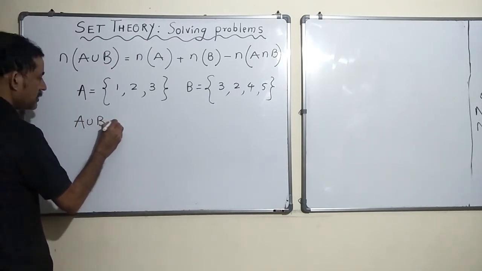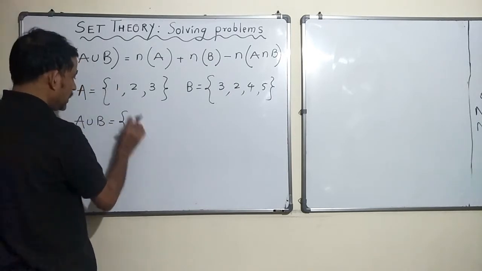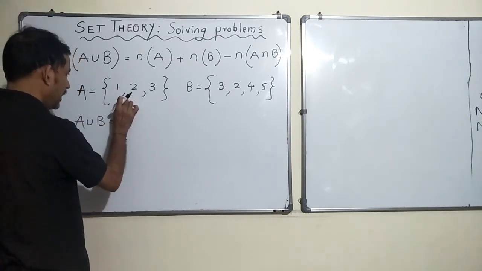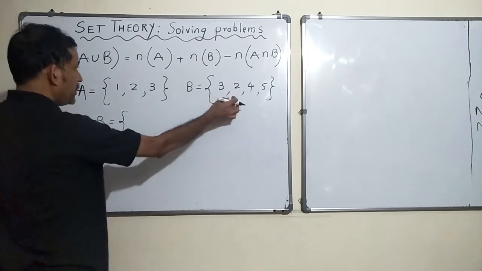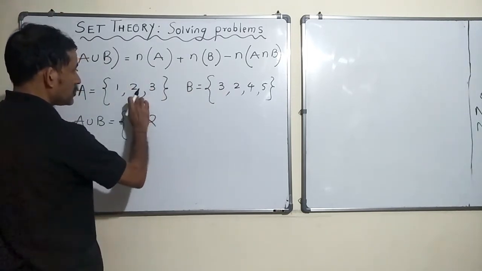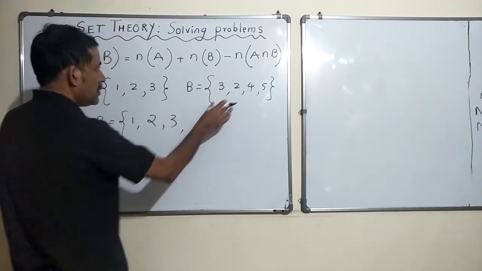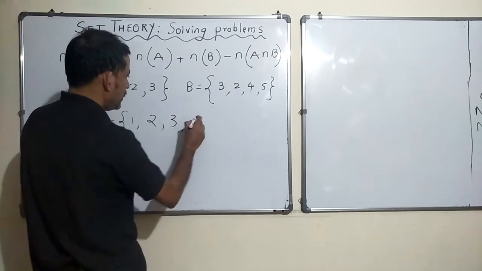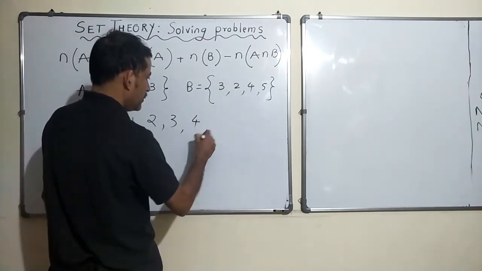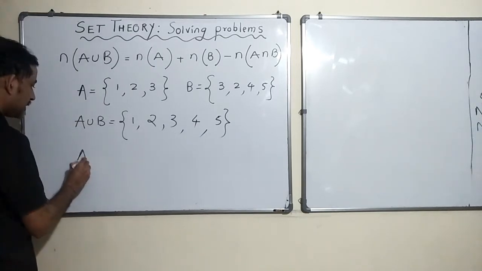A union B is those elements which are there in A, or B, or both. So I'll take 1, I'll take 2 because 2 is there in both, I'll take 3 because 3 is there in both, 2 and 3 I have already considered, I'll take 4 because it is here, and I'll take 5, right. What is A intersection B?